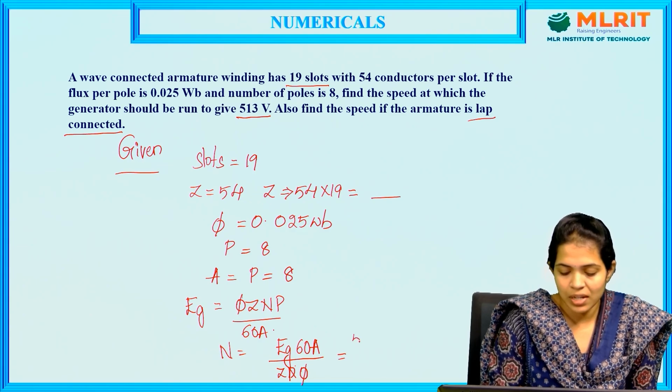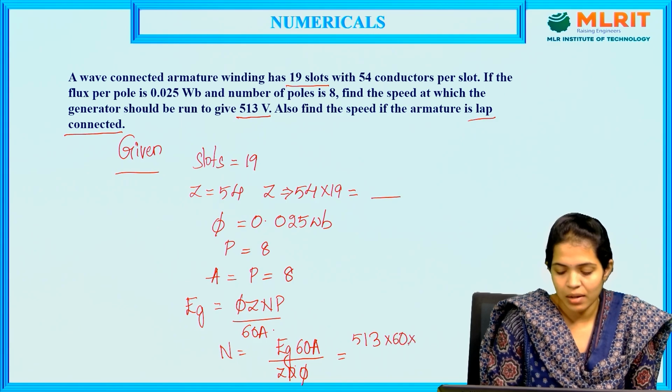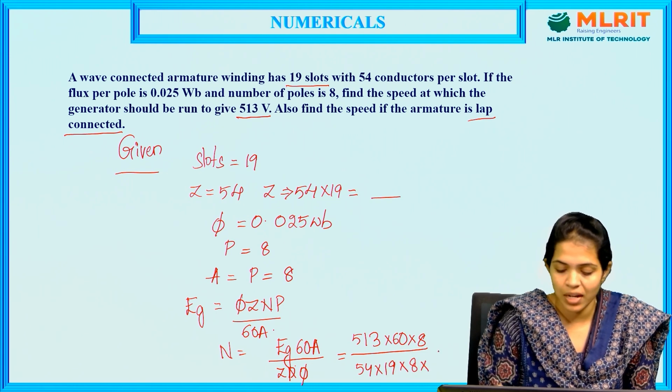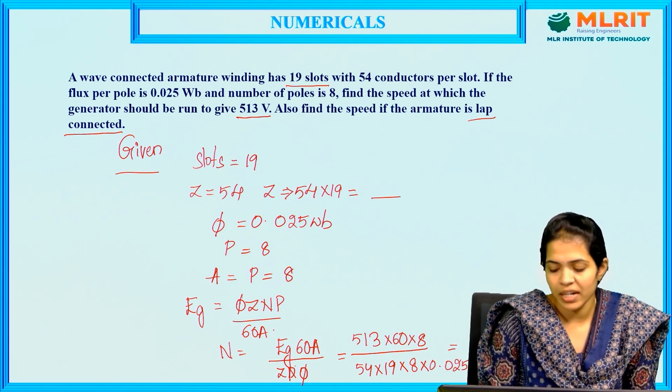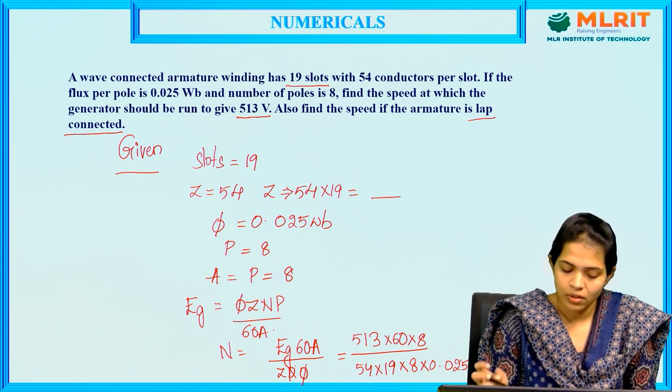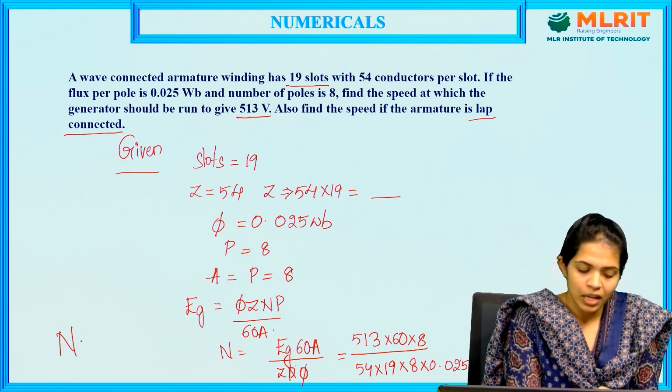Eg is given as 513 volts, the number of parallel paths is 8, the number of conductors is 54 into 19, the number of poles is 8, and the flux is 0.025 Webers. Upon further calculating this, we will get the speed in rpm.